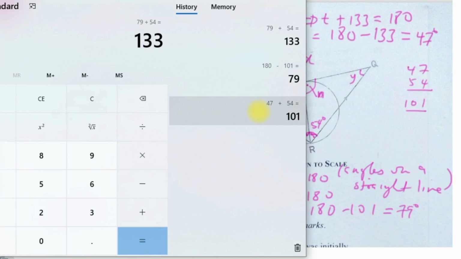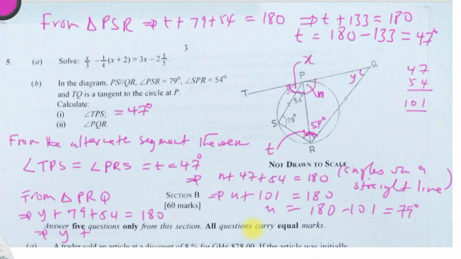So y plus 133 is equal to 180 degrees. So this implies that y is equal to 180 minus 133, which is equal to 47 degrees. Okay, so these two happen to be equal.